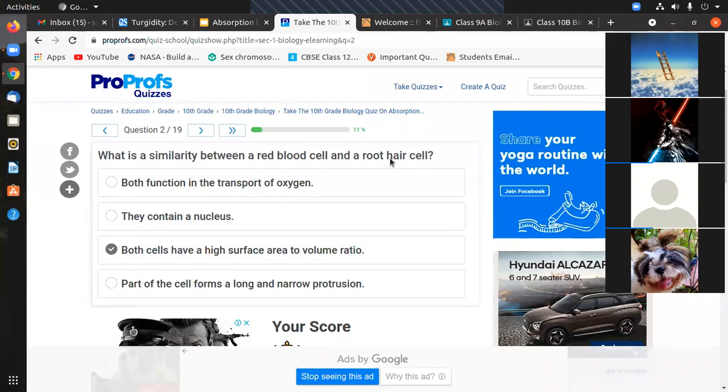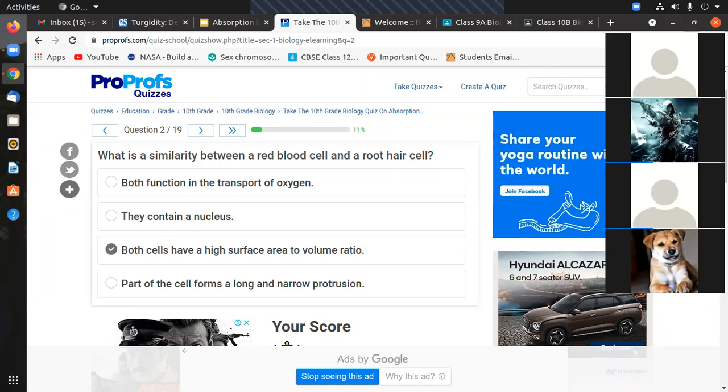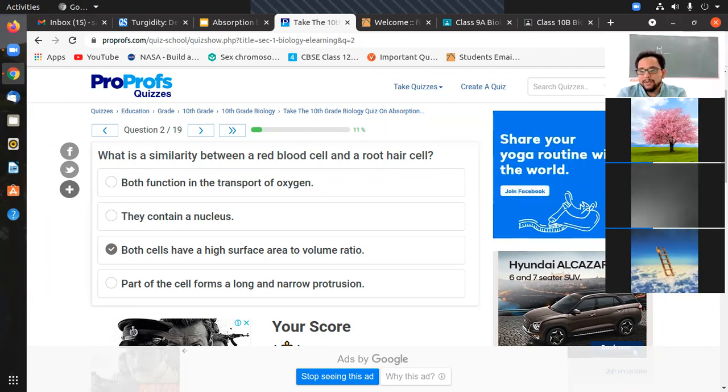Root hair cell surely has higher surface area, because that was one of the characteristics we had seen in the first few topics of this chapter, and volume will remain the same, so that ratio is higher.